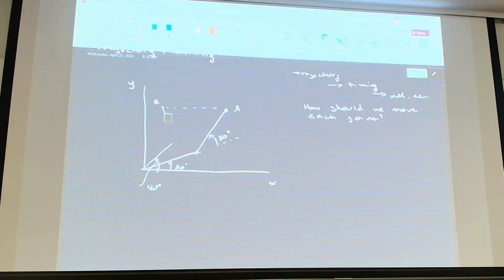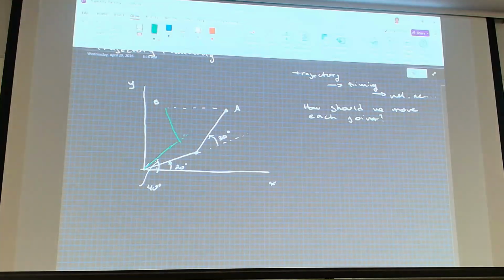Let's go ahead and make that a different color. Let's give it a target. This ending point is 180 degrees.